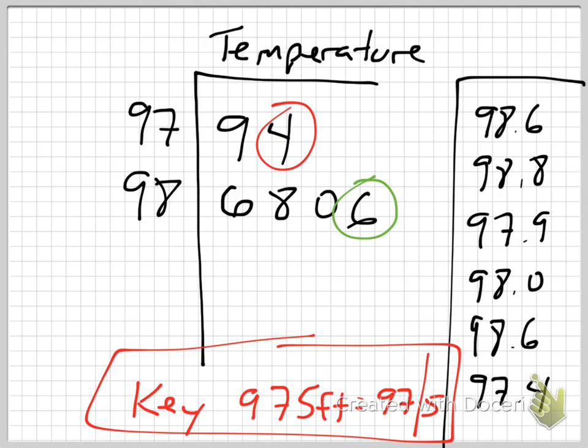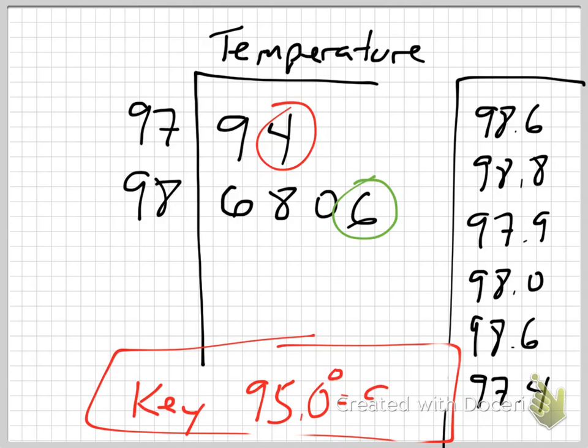If the key was different, now what does that 6 represent? 98.6 degrees. You see the little symbol there? Degrees. You just look at the key to decide what it is.